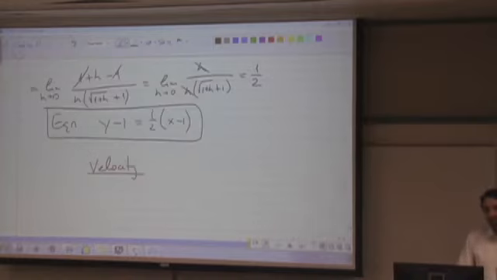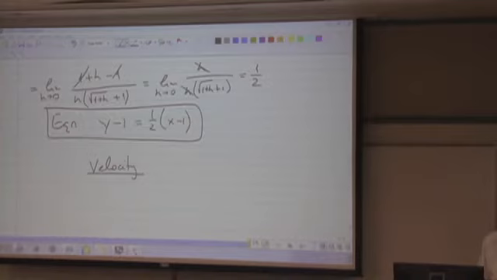Velocity. As I was just talking about derivatives and everything else, let's make it more or less official. I'm going to go a little different than your textbook does, just because I think it's better this way to get used to that particular idea.